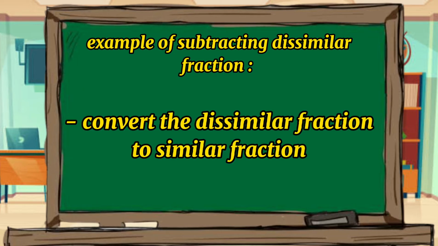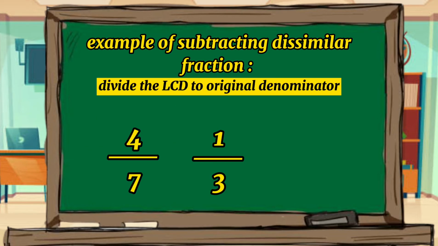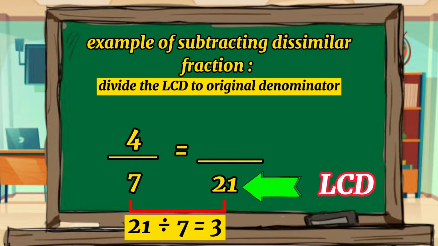For the second step, let's convert now the dissimilar fractions to become similar fractions. Let's divide the LCD by the original denominator. The original denominators of the fractions are 7 and 3. 21 divided by 7 equals 3.